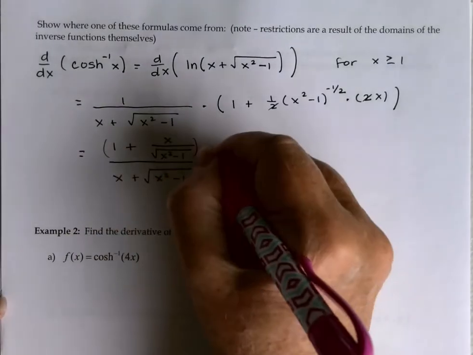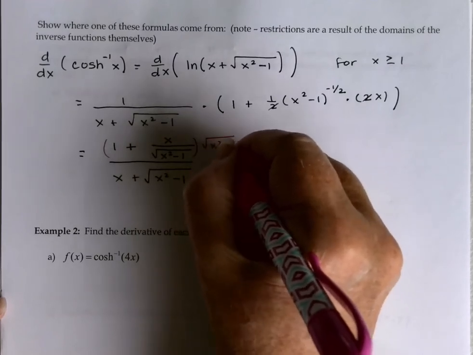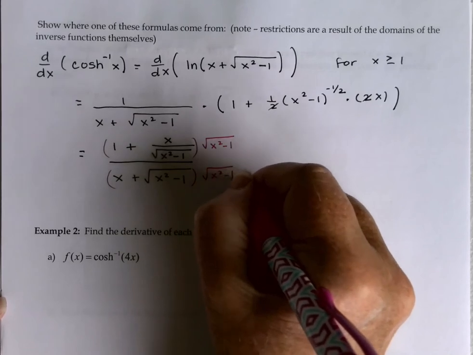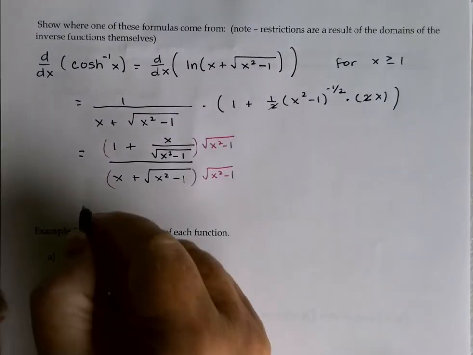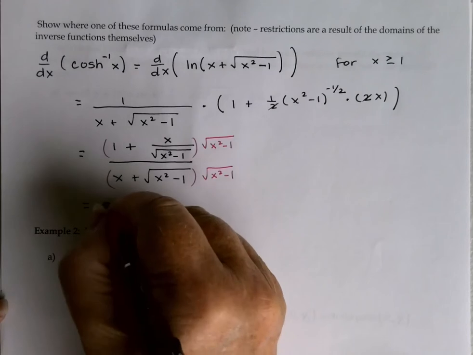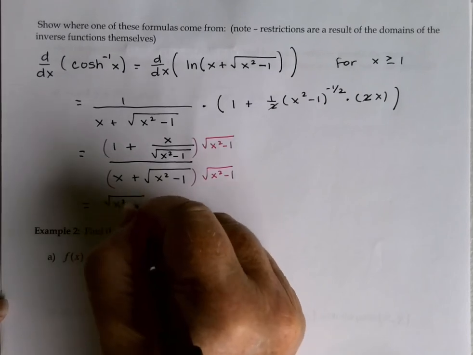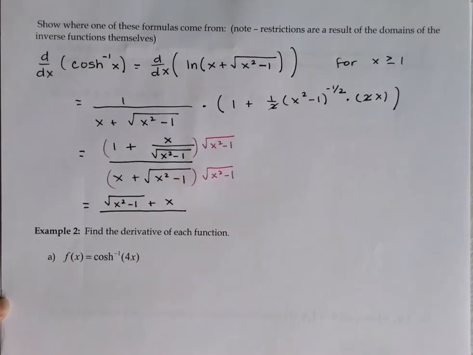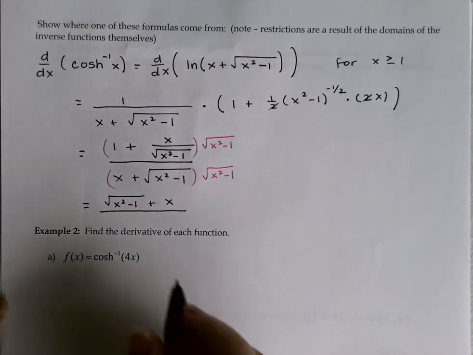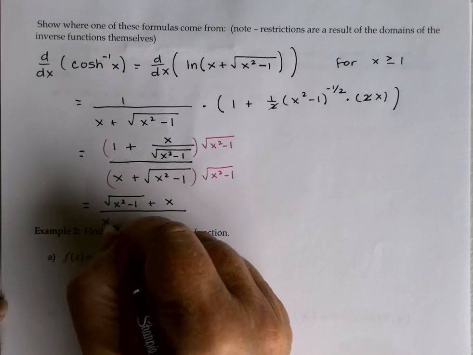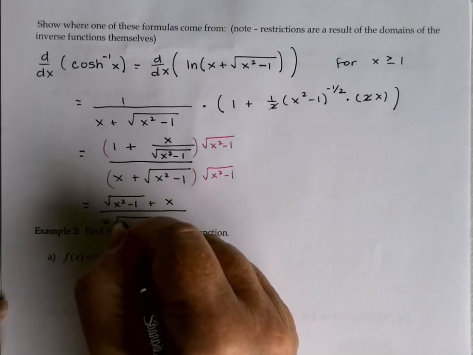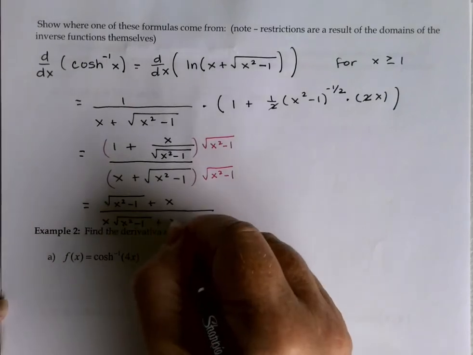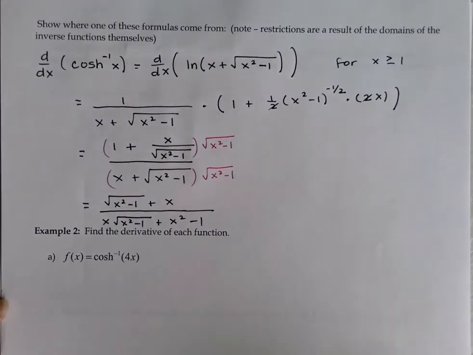And I'm going to clear the complex fraction by multiplying by the radical x squared minus 1, top and bottom. So on the top, I'll get the square root of x squared minus 1 plus x. And on the bottom, I'm going to get x times the square root of x squared minus 1 plus x squared minus 1.